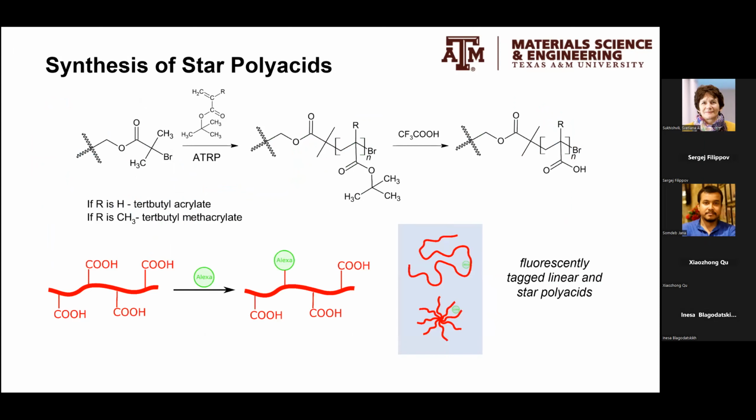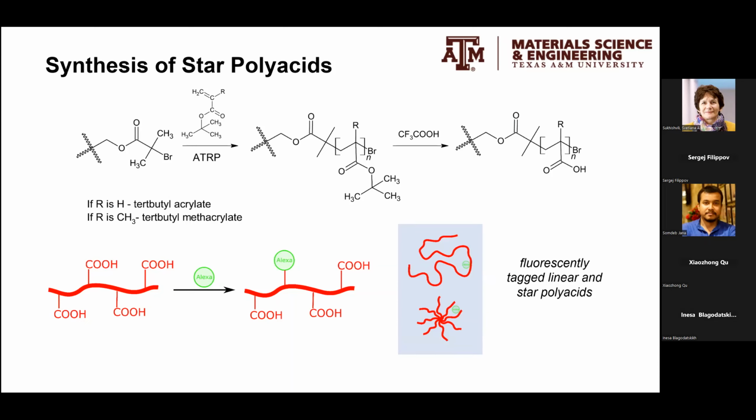So I'm going to switch from UCST stars to polyacid stars, a similar strategy, but now the monomer is going to be acidic and very simple. In this case, we have the carboxylic group.